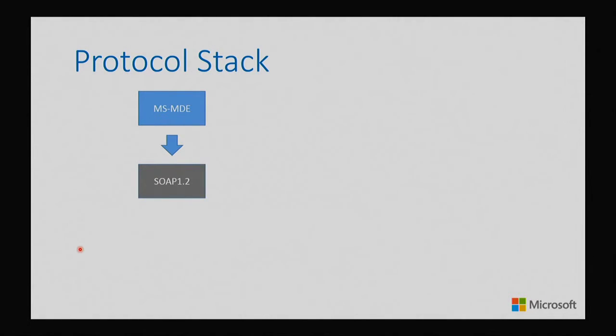For the protocol stack of them, MS-MDE is a SOAP protocol and uses HTTP transport, because it involves a step of authentication and may ask you to input the user secret.